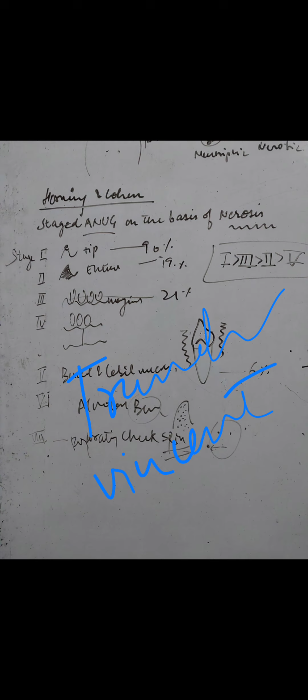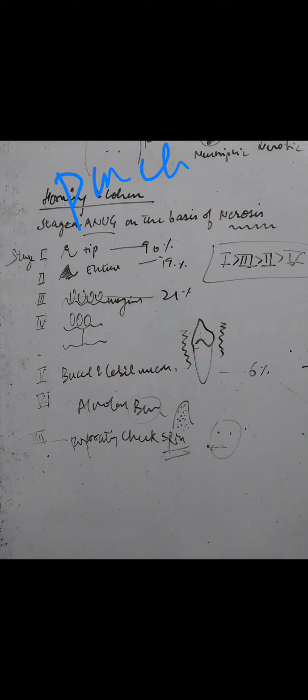And then the important part is the very characteristic features. I will list some of the characteristic features so that it will be easy for you to identify it. It has punched out lesions, very important, as well as crater-like formations on the crest of the gingiva.